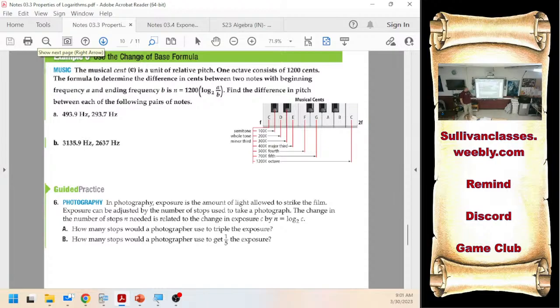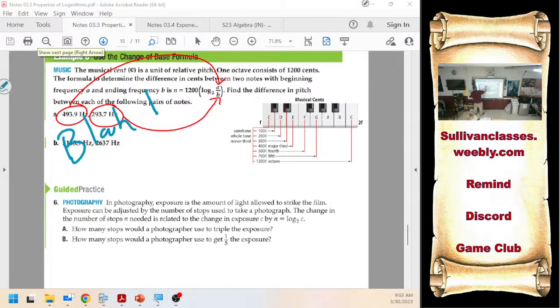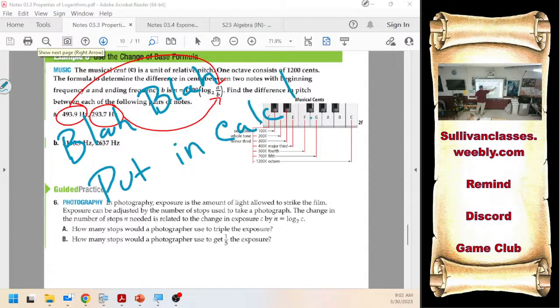Take a wild guess what the word problems are like. Blah, blah, blah, shove this in for A, shove this in for B, hit buttons on your calculator.